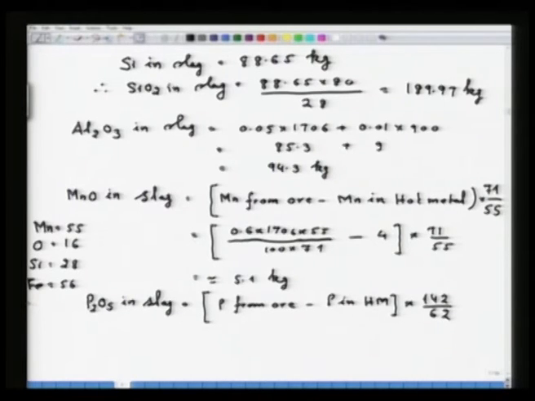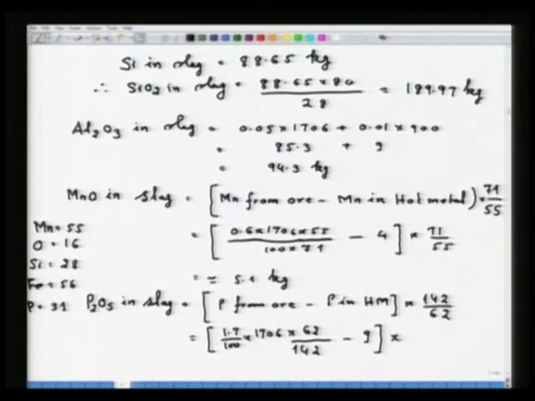The molecular weight of phosphorus is 31. So, we do this from iron ore: 1.7 upon 100 into 1706 into 62 upon 142, minus 9, multiplied by 142 upon 62. So, this will be equal to 8.4 kg. This is the amount of P2O5 in slag.